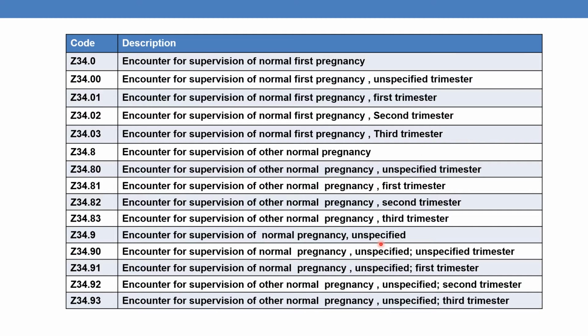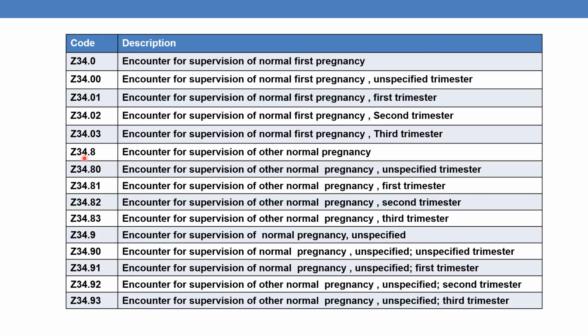It is applicable for all the cases. So Z34.00 indicates encounter for supervision of normal first pregnancy, unspecified trimester. Z34.01 indicates first trimester. Similarly, 02 is given for second trimester and 03 is given for third trimester.